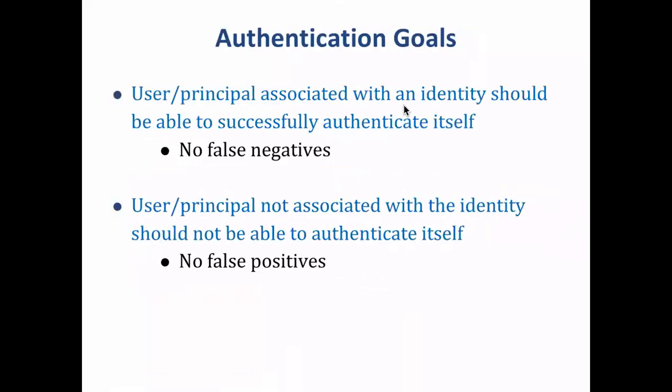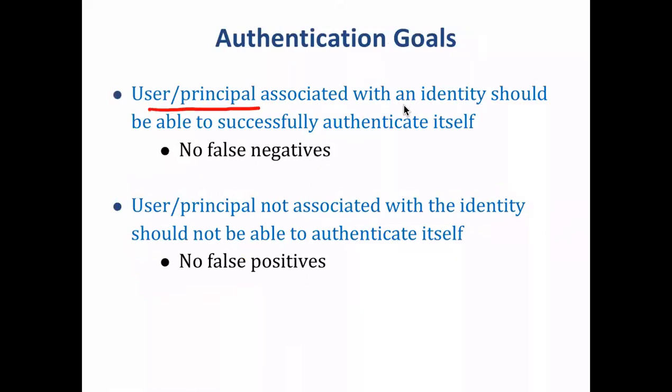So what are the authentication goals? The authentication goal is that if you are allowed to enter and you prove you are, then you are allowed, you can go inside.